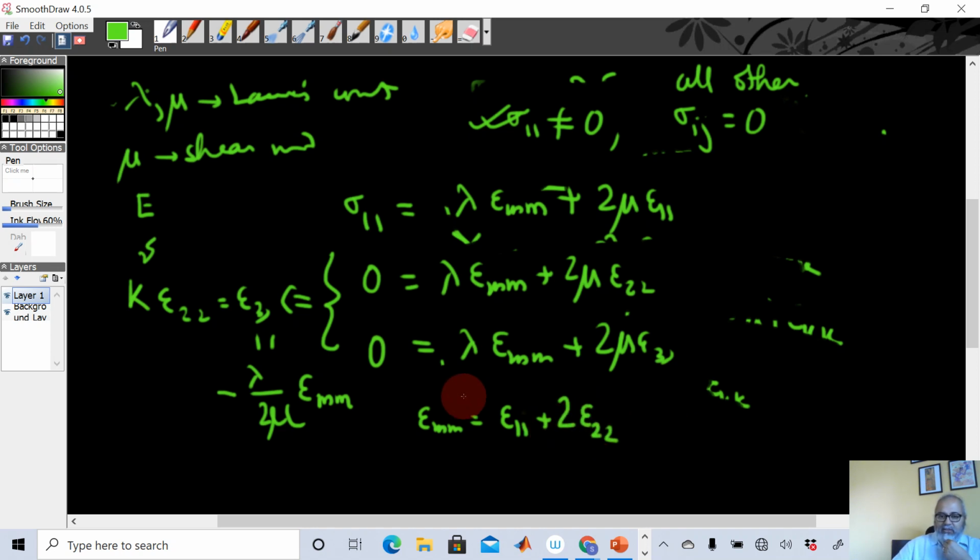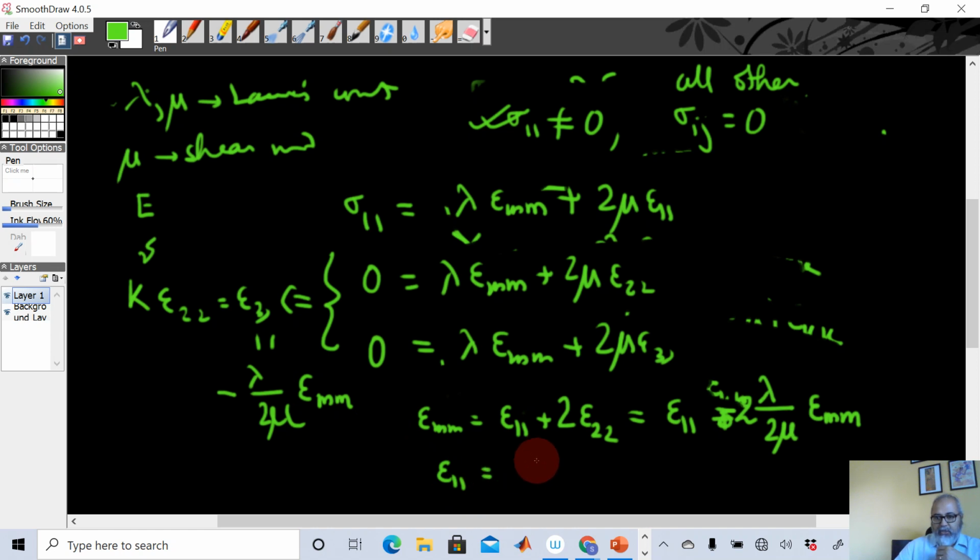So this is now epsilon 11 plus, minus lambda by 2 mu epsilon mm, epsilon 22 two times. So take it to the other side. Epsilon 11 will now be lambda plus mu by mu epsilon mm.